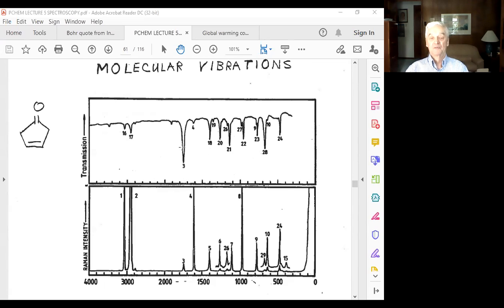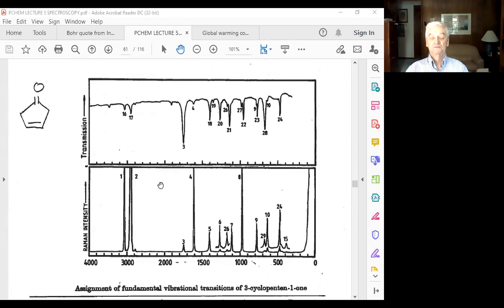When I go back to the previous page, I'm going to tell you one of the strongest Raman bands is the carbon-carbon double bond stretching. And this is the one labeled number 4. So you can see this is a very nice, strong band. In infrared, it's very, very weak because there's not much dipole moment change at all when you have this vibration.